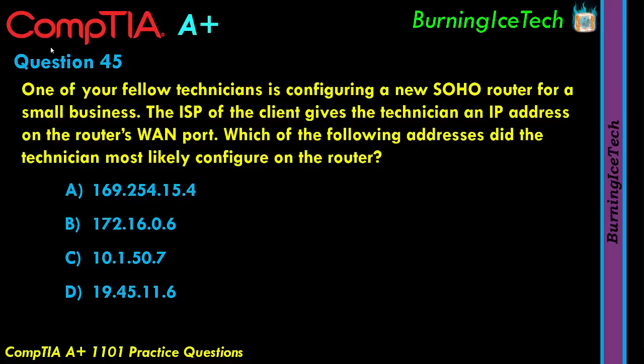Looking at B, 172.16, that is a private IP address, and it's a Class B IP address. I would not say it's set in stone that it's Class B, but it is a private IP address. Coming at it from an A plus perspective, in the A plus course, they say any IP address that starts with 192.168.0 is private, but Class C. Any IP address that starts with 172.16 is private, but Class B. And any IP address that starts with 10.something.something.something is private, but Class A, of course.